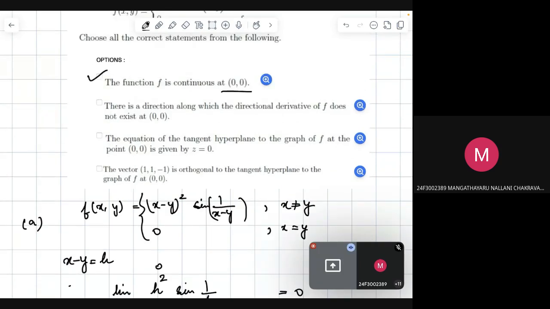Now the next one: there is a direction along which the directional derivative of f does not exist at (0, 0). So is there a direction? Is there a unit vector along which the directional derivative of f does not exist at (0, 0)?